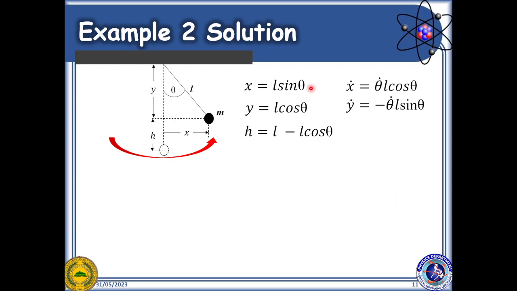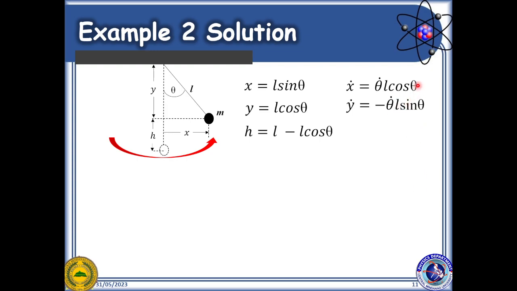The corresponding x dot comes from the total derivative of the equation for x. So x dot is equivalent to theta dot times L cosine theta. And y dot also comes from the total derivative of the equation for y, so that is equivalent to negative theta dot times L sine theta.